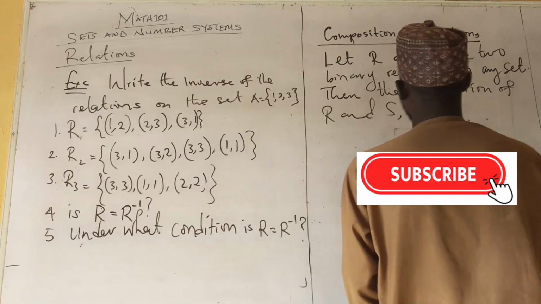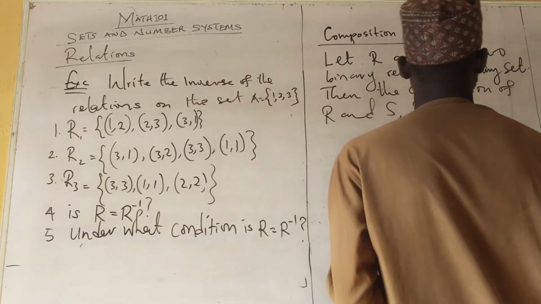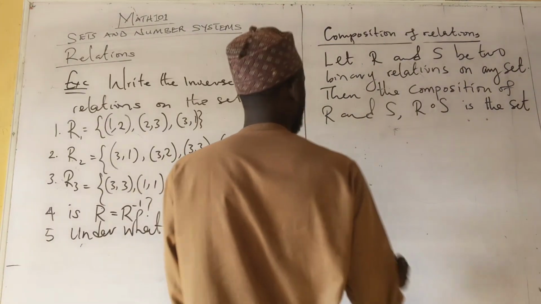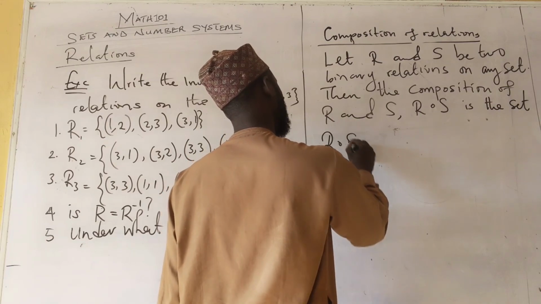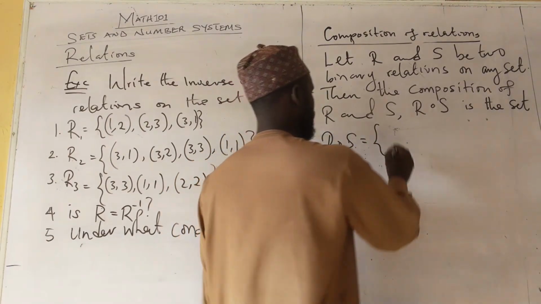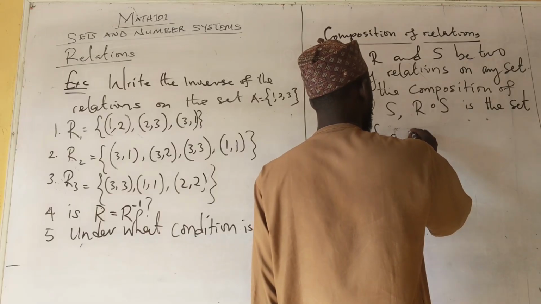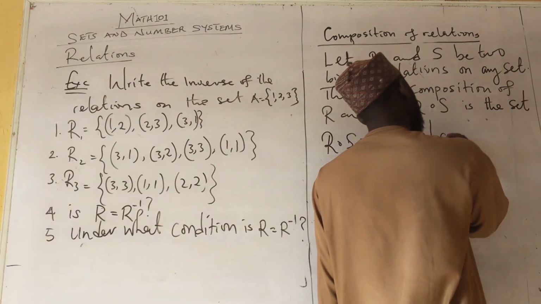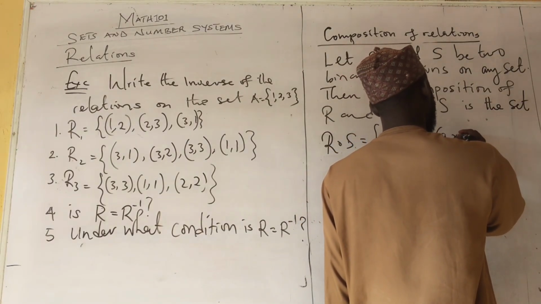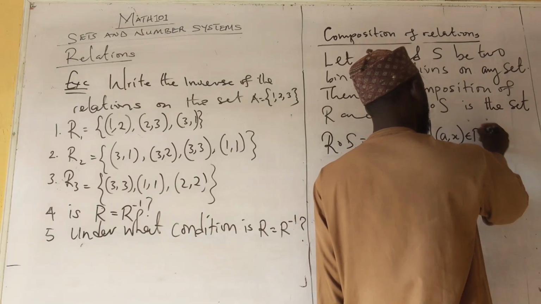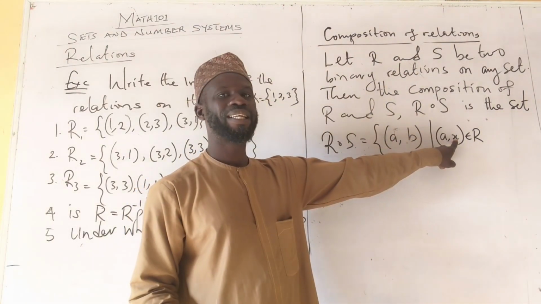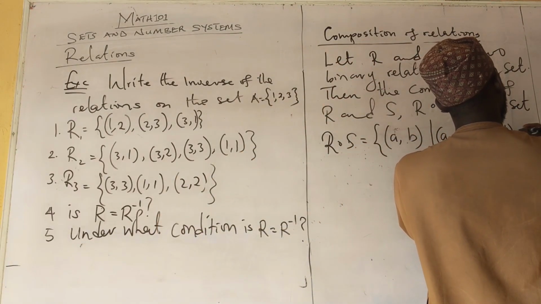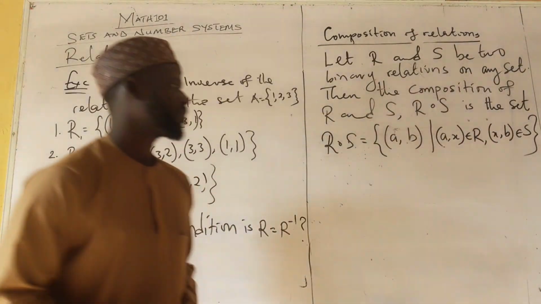So it is the set of all relations R composition S, which is equal to (A, B) such that (A, X) is inside R, A is related to X in R, and X is related to B inside S. So this is it.